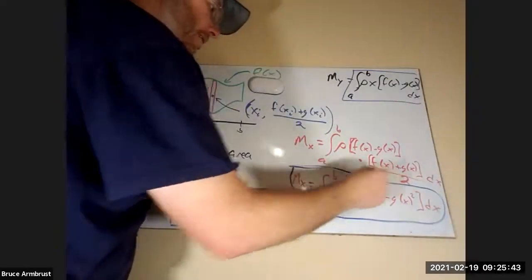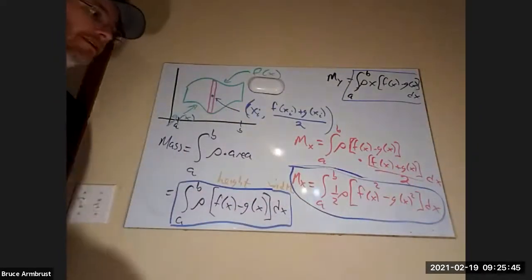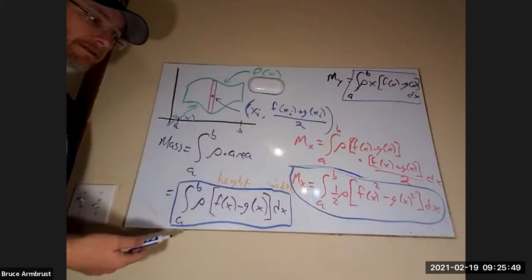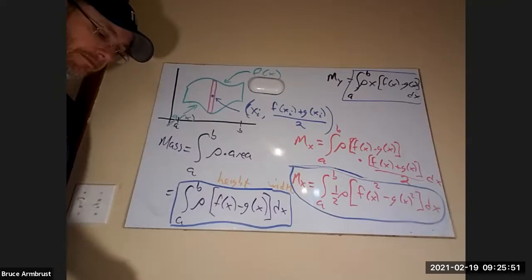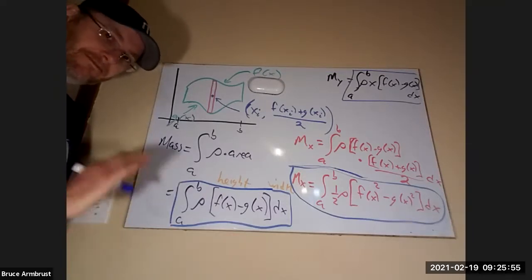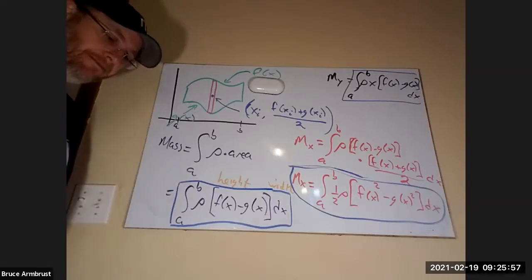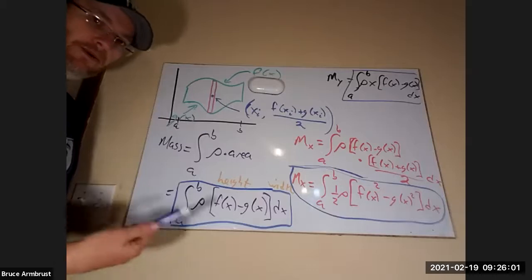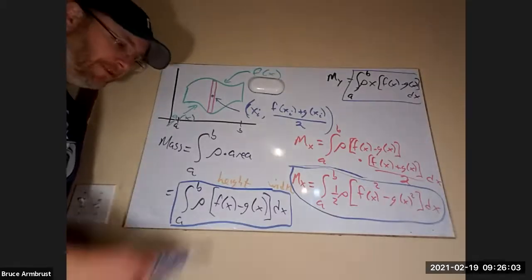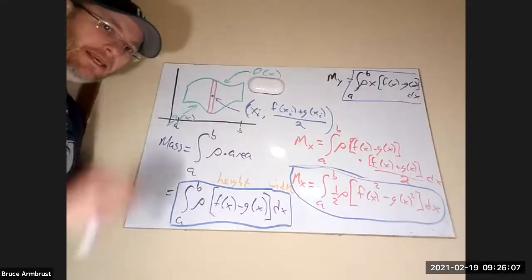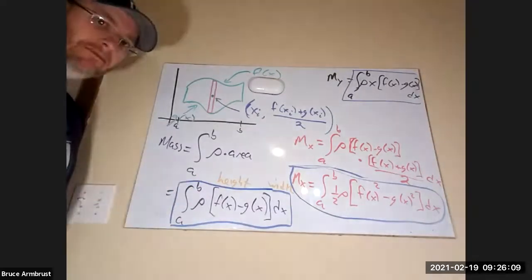And for the center of mass, remember what we do is we just take the corresponding moments and divide by the mass. So virtually the same as what we did before. We've done all the work, really. We've developed the formulas, and now it's just going to be plug them in and go.